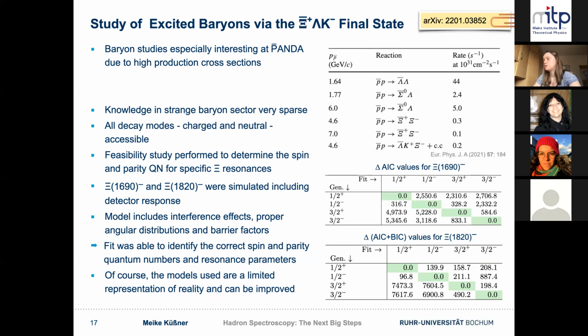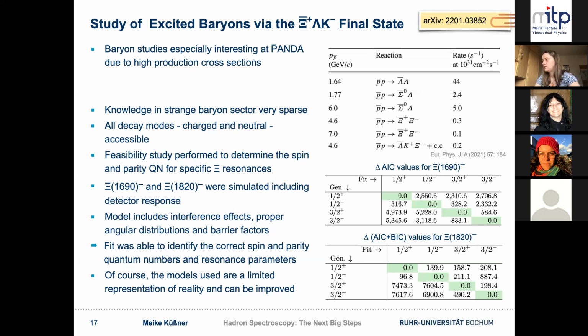So here a feasibility study was performed, and the main idea was to determine spin parity quantum numbers for specific cascade resonances. So there were 2 cascade resonances simulated, including the detector response, and the model included interference effects and the proper angular distribution and barrier factors. And as you can see here in the tables on the right, there are always shown the generated quantum numbers and the assumed quantum numbers in the fit.